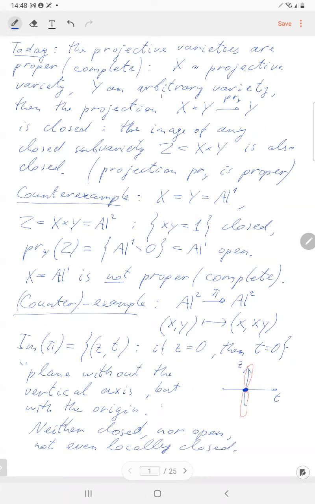What it is, it's so-called constructible. So it is a finite union of locally closed subvarieties.